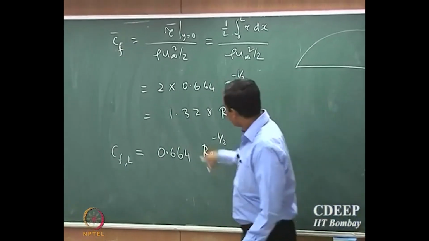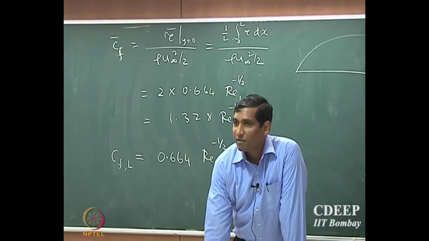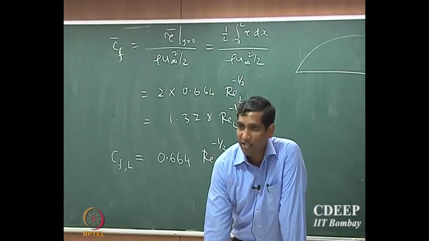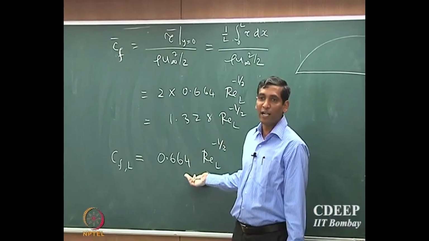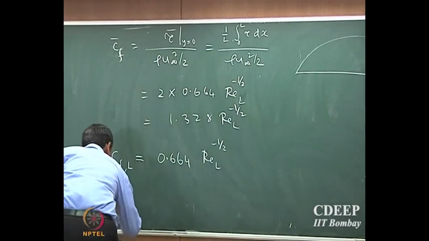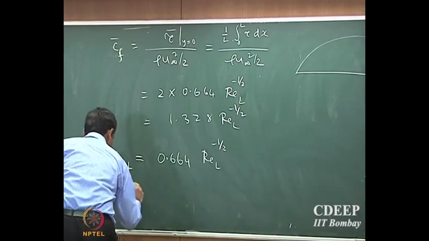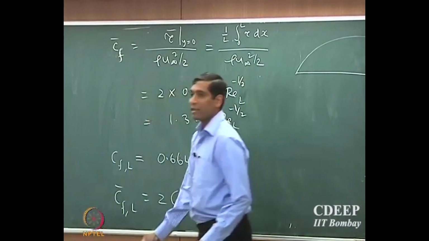So that's interesting. The average friction coefficient for the whole flat plate of length L is just twice the local friction coefficient at that location. So that's an important observation.